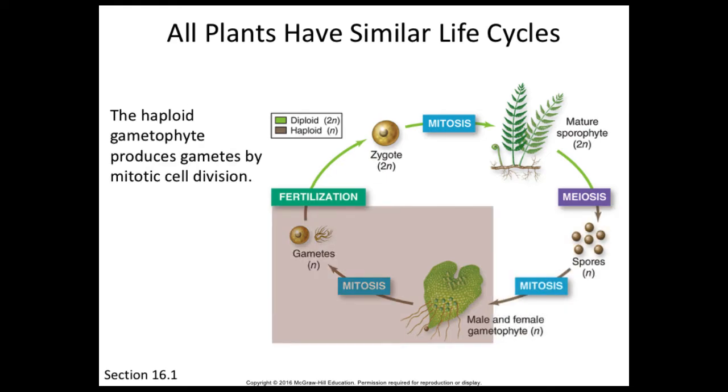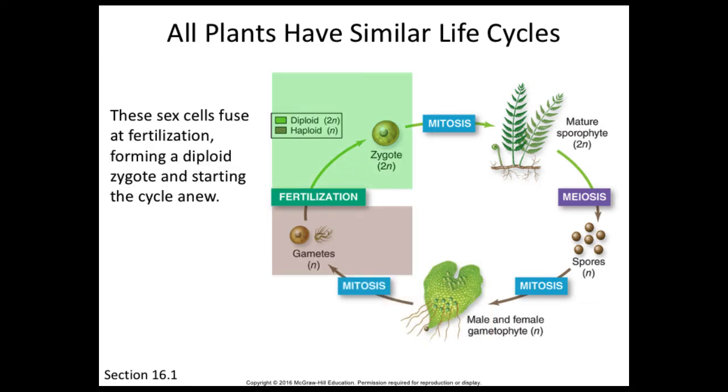The haploid gametophyte produces gametes by mitotic cell division. So that is to say, the gametes, which are the sperm and the egg, are made by the same type of cell division as every other cell in the plant's body except for the spores. Spores are the only cell type that are made by meiosis in our plant life cycle.